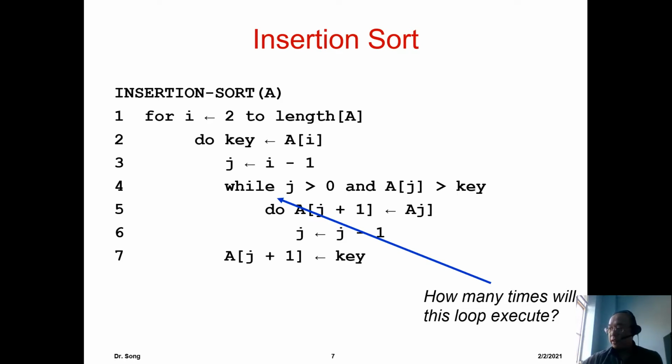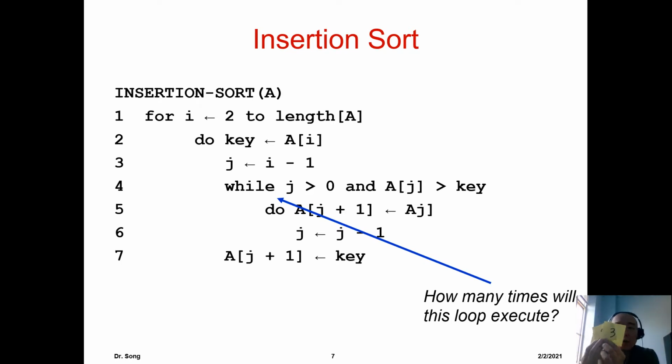For the worst case, say you have 3, then 5, then 6. And eventually, when you are inserting 1, what is going to happen? You have to shift 6, then shift 5, then shift 3.